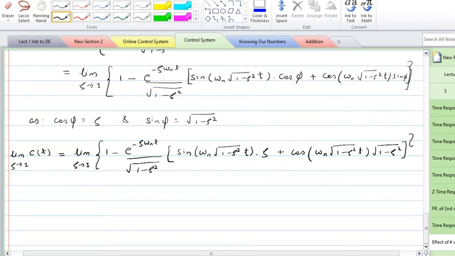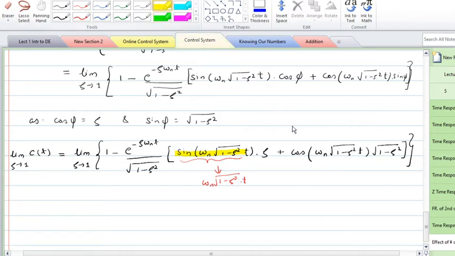If we substitute the individual limit in the sine function, this results in omega n under root of 1 minus zeta square into t.